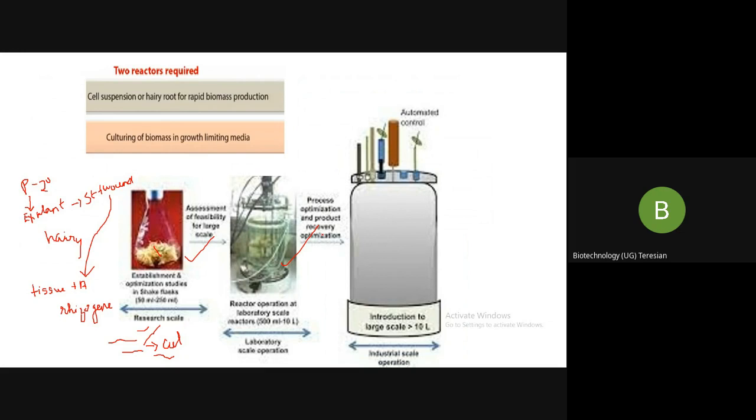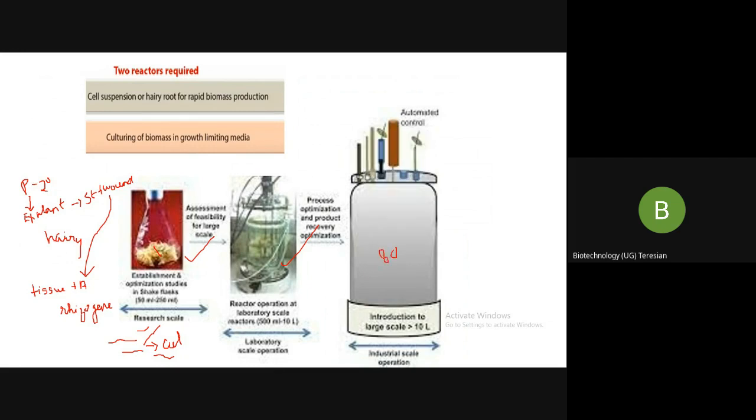And there are some problems even in the bioreactors. It is not that in all bioreactors you'll get excellent results. It has to be standardized and optimized. One problem is that the culture is greatly affected by the aggregation of the cells, which eventually results in settling down. Your cells should be separate, separate.